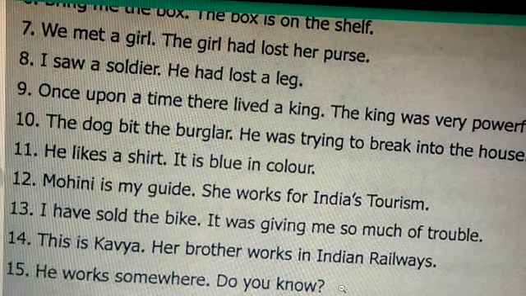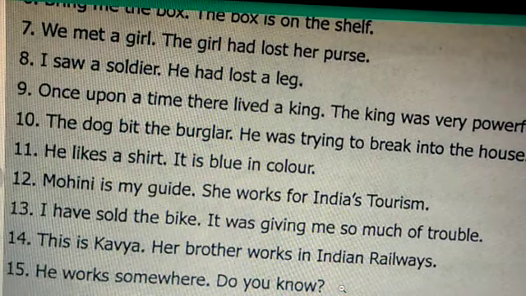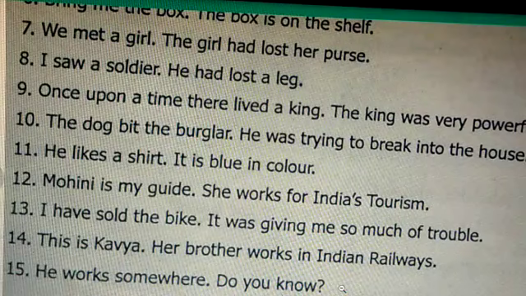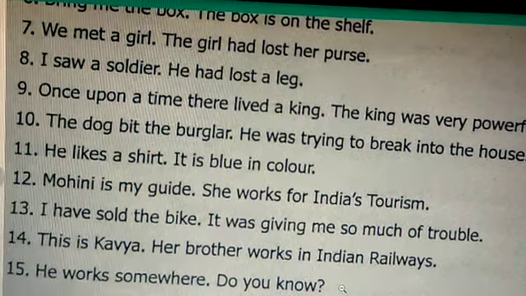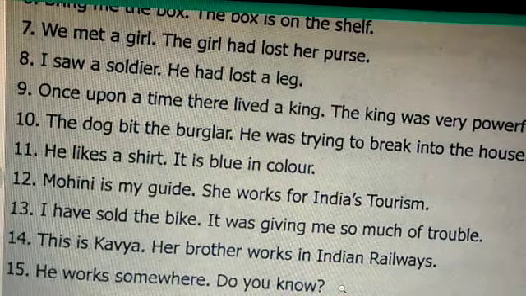Tenth one you see. The dog bit the burglar. He was trying to break into the house. So the answer is the dog bit the burglar who was trying to break into the house. 11th one you see. He likes a shirt.